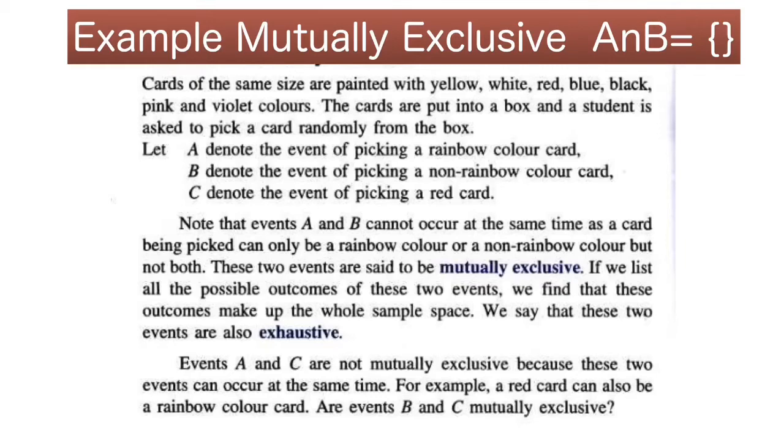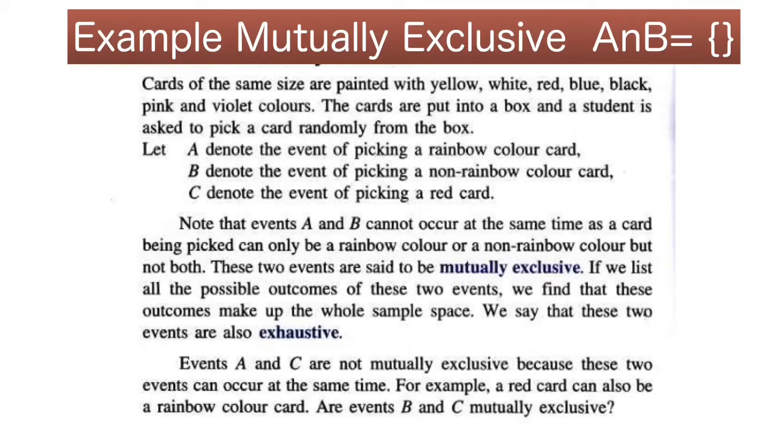If we list all the possible outcomes of these two events, we find that these outcomes make up the whole sample space. We say that these two events are also exhaustive.